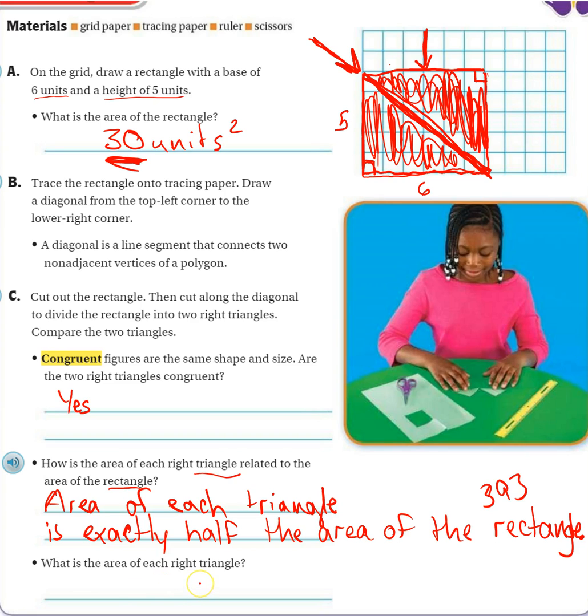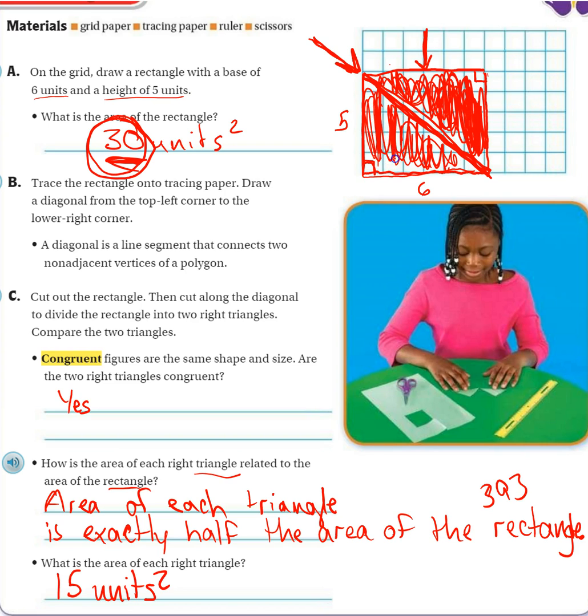And so what is the area of each triangle? Well, it'd be half of the area of the whole rectangle. So the area of each triangle would be 15 units squared, because 15 plus 15 is 30. So if we took this side of the triangle plus this side of the triangle, we get back to the whole rectangle.